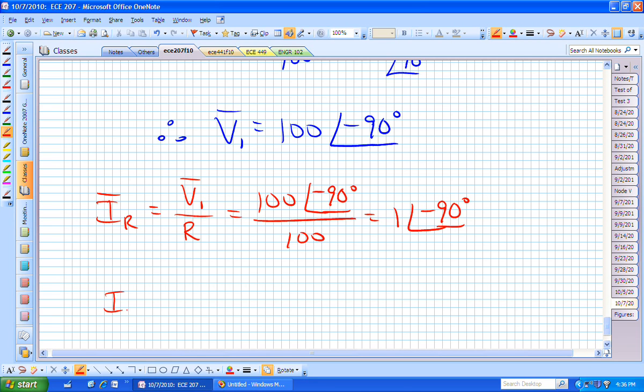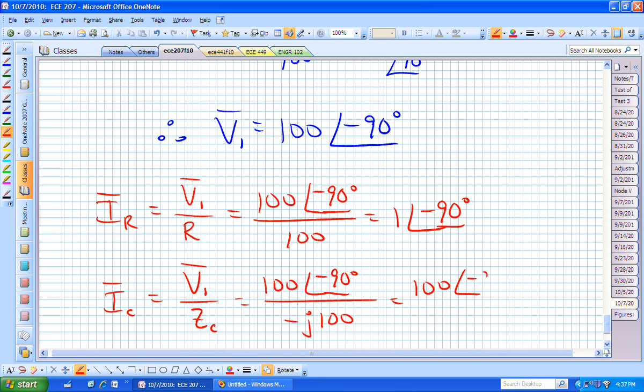What about I sub C? That's just V divided by Z, where Z is the complex impedance of that capacitor. This was 100 at minus 90, but what was our capacitor's impedance? That was minus j100, wasn't it? And what is minus j? That's actually just minus 90.